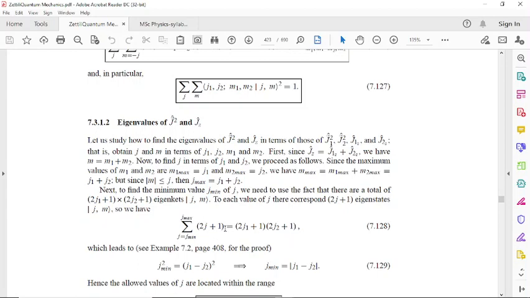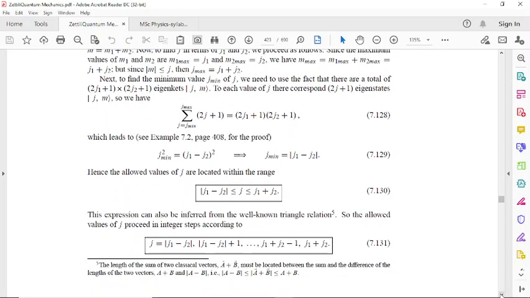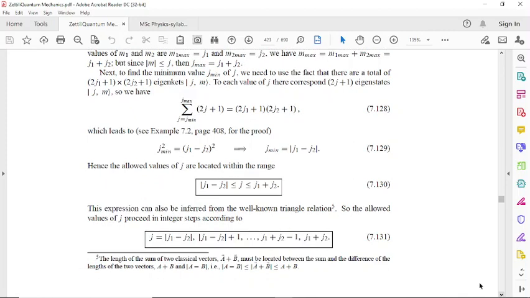So we can write 2J1 plus 1 into 2J2 plus 1, which leads to J minimum square equal to J1 minus J2 square and J minimum equal to modulus of J1 minus J2. So the values of J lie in between modulus of J1 minus J2 to J1 plus J2.